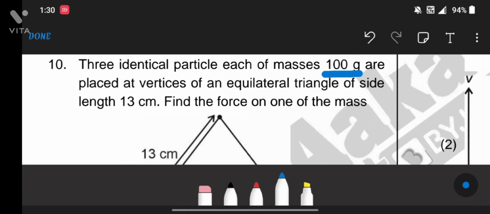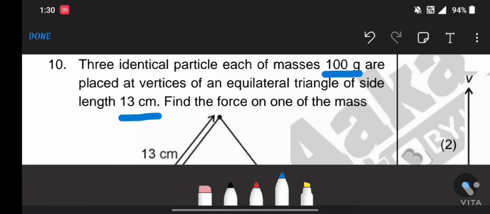Now they have given that it is placed at the vertices of an equilateral triangle of side length 13 centimeter.